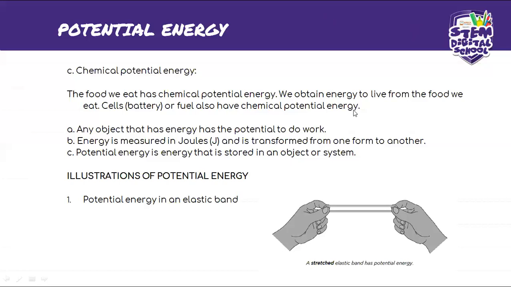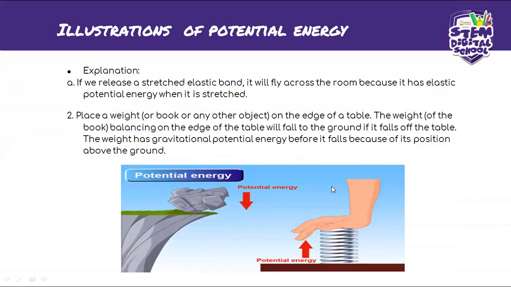Okay, so let's go to the next one. All right, let's see more explanation. So this explanation is for the stretch band. If we release a stretched elastic band, it will fly across the room because it has got what? Elastic potential energy when it is stretched. So I've just explained that some minutes ago.